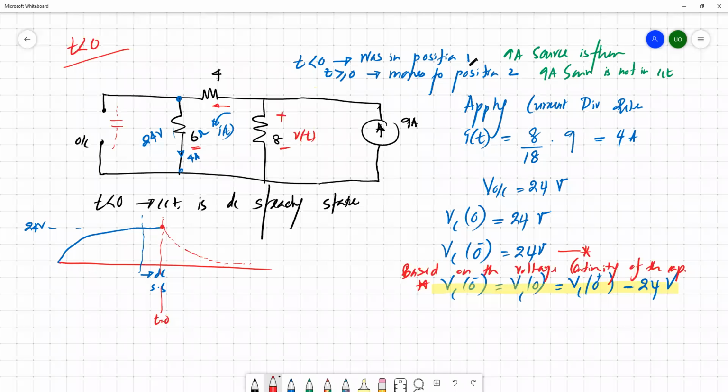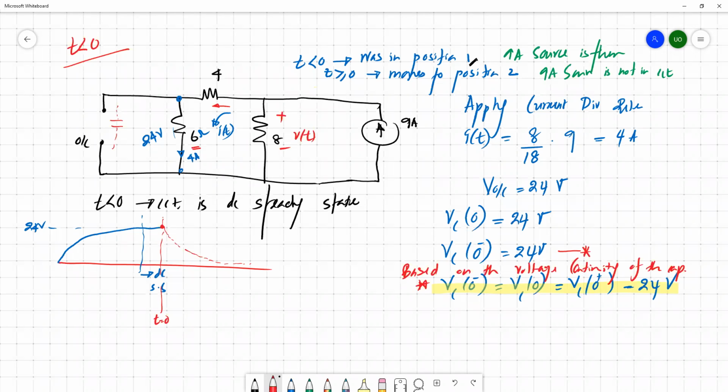So it basically charged up to 24 volt. Once it's charged to 24 volt and reaches the steady state, we remove the source by moving the switch to position 2 and isolate the source from the circuit. At that time, the capacitor in the circuit is already charged to 24 volt.